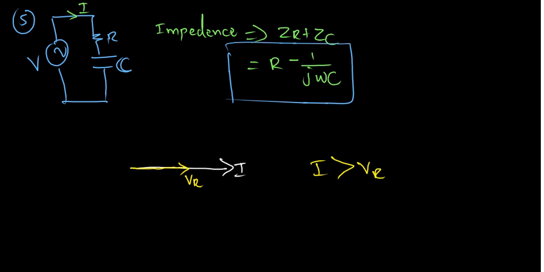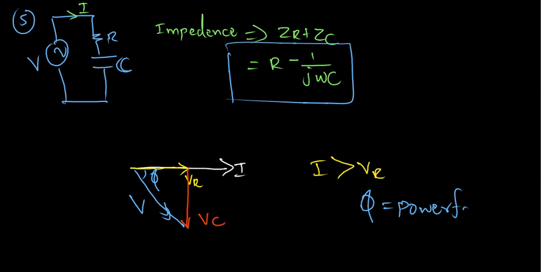VC, the voltage drop across the capacitor, is always lagging the current. So the total V comes from like this. V is VR plus VC. The angle phi is the power factor angle.